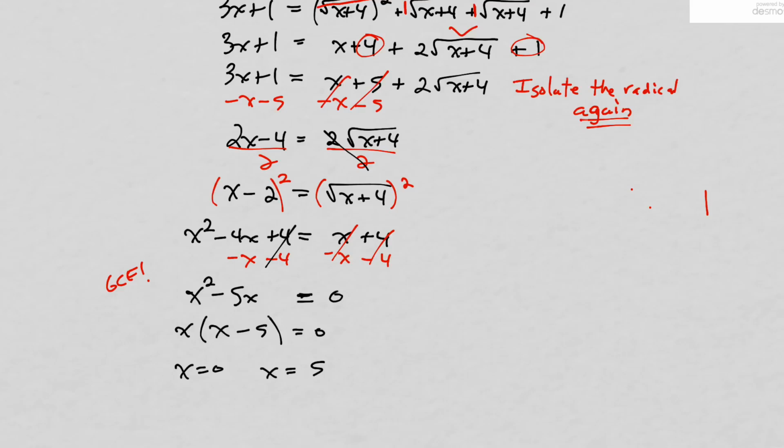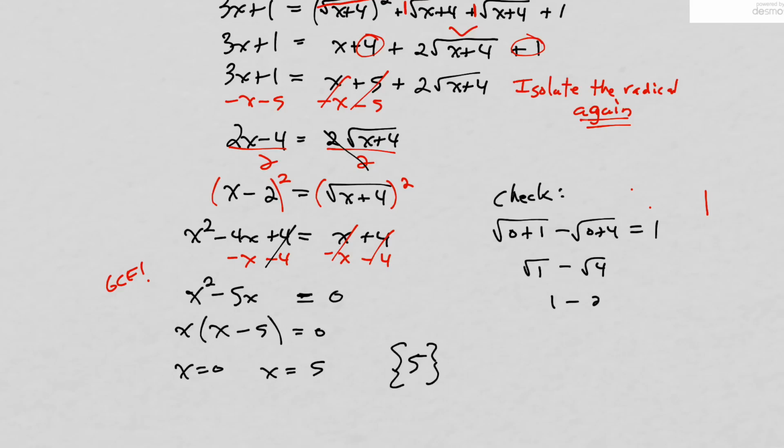And when you go to check this, let me just say that the answer is 5 to save a little bit of time. And when you check the 0, this really doesn't make too much sense, so that's not going to work.